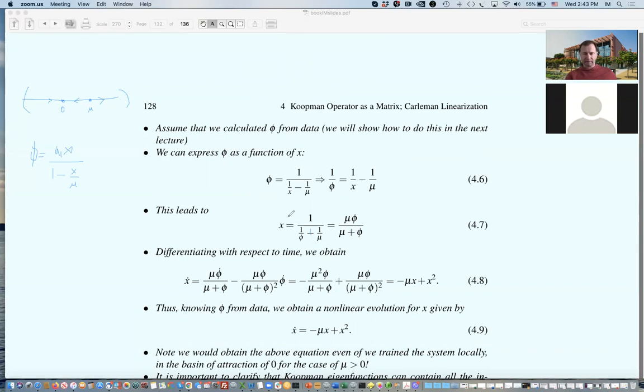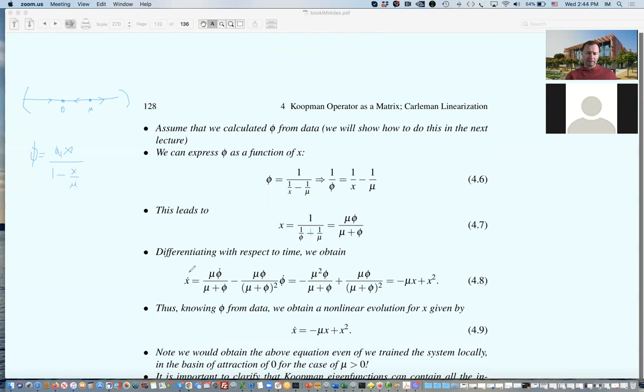All right. So now I got x as a function of phi. And by the way, I'm going to maintain that I know phi only numerically. And if I know phi numerically, I also know phi dot. Phi dot is minus mu phi.